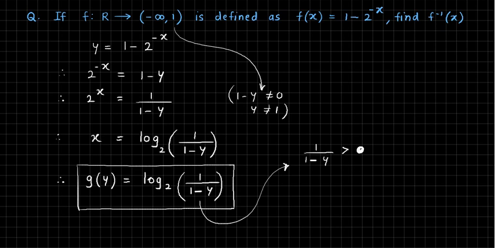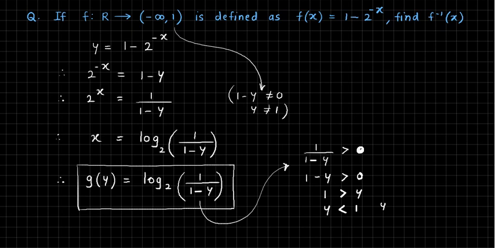Alright. Now if we want this as a positive number, then since 1, the numerator, is already positive, it means that the denominator also has to be a positive number. So that means 1 must be greater than y, and that in turn means that y must be less than 1.